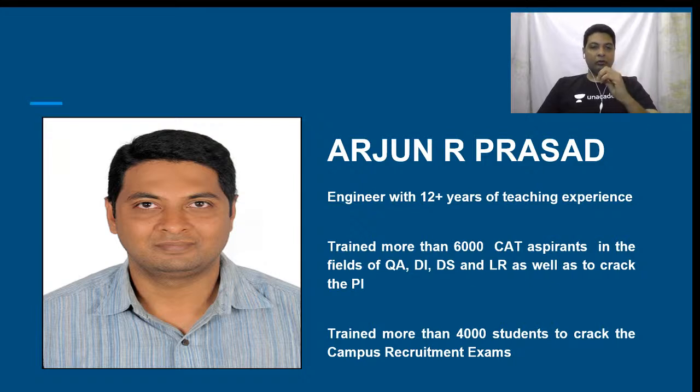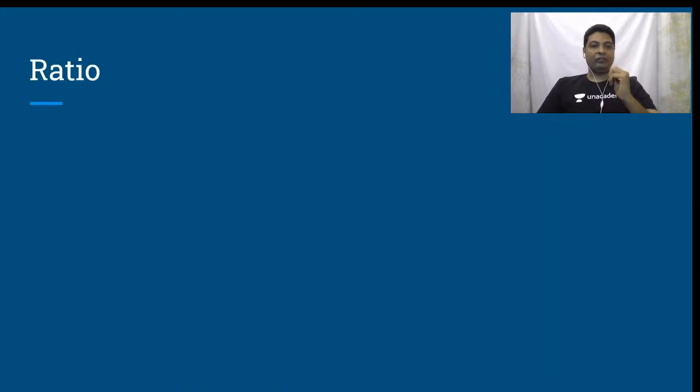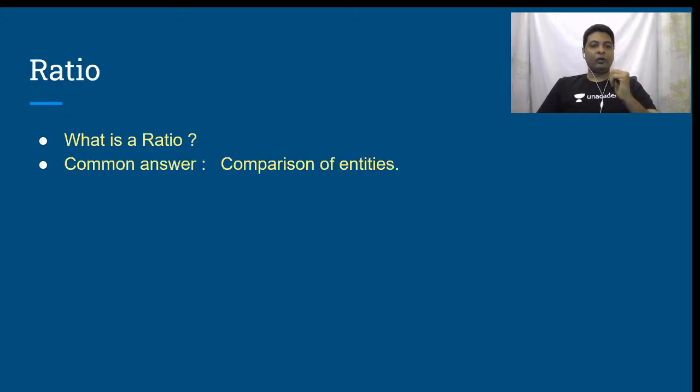Before moving on to the questions, let us do a very quick recap of the concepts. What is a ratio? The common answer we get is that it's a comparison of entities. Then we need to think, is that really what ratio means? If I say 10 monkeys are the same as 2 donkeys, does it make any sense? No, it does not.